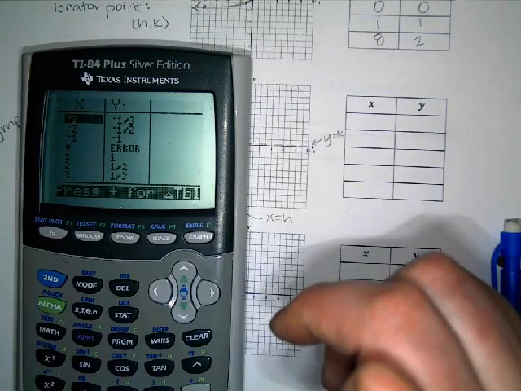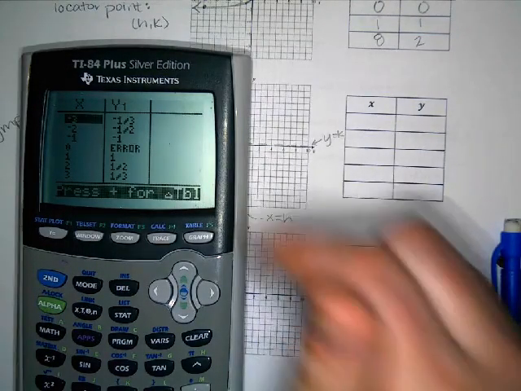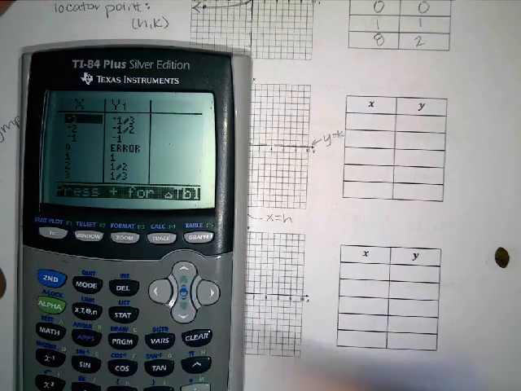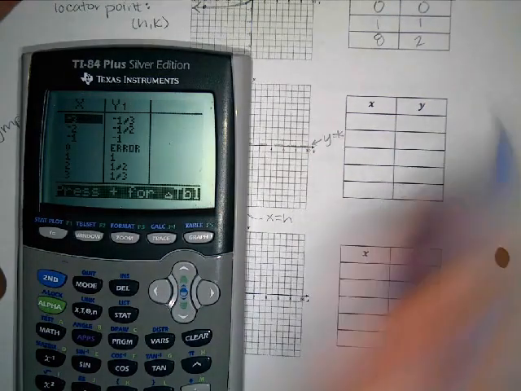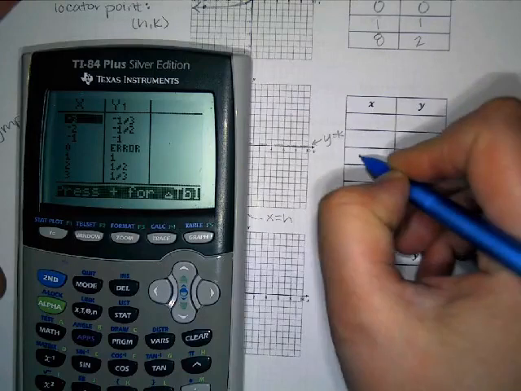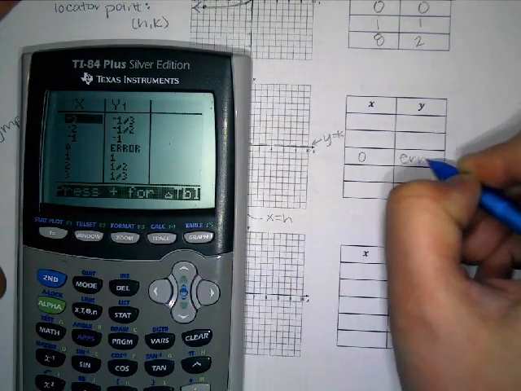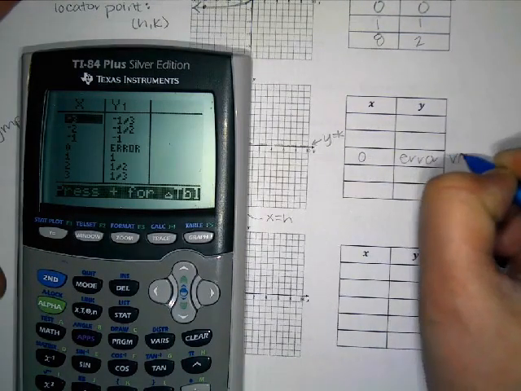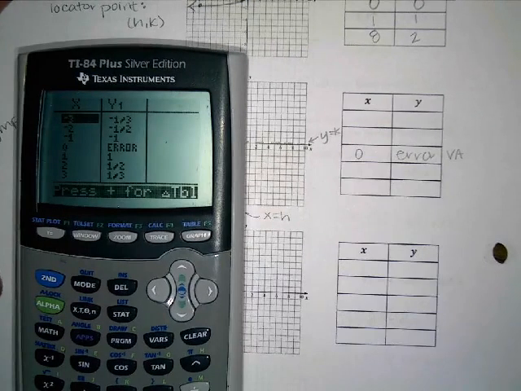So let's go ahead and write down these. If we plug in 0, we get an error message, and that's because this is where our vertical asymptote is. That's why we're getting an error message. All right, but then for the other points, we have -1, -1.